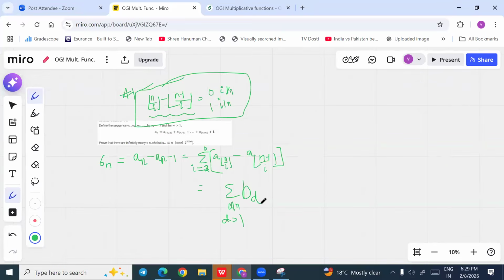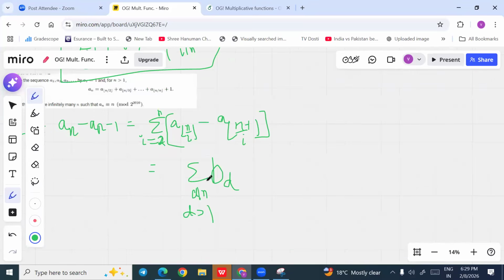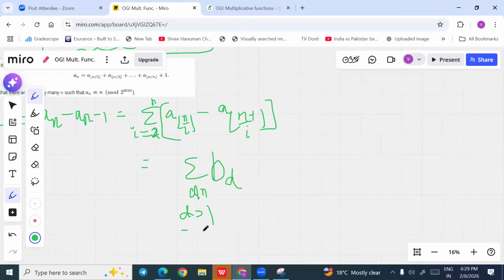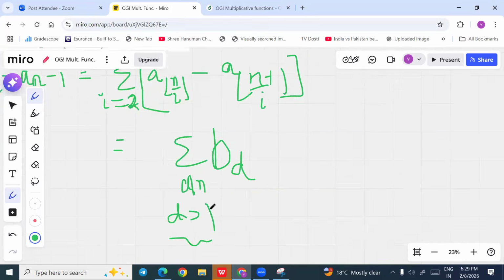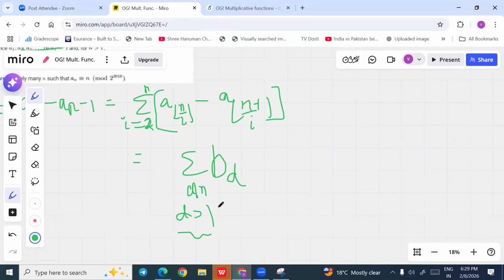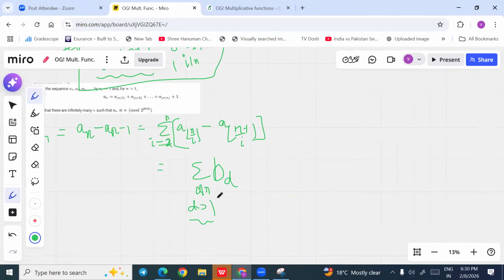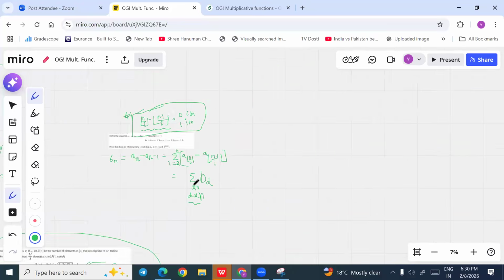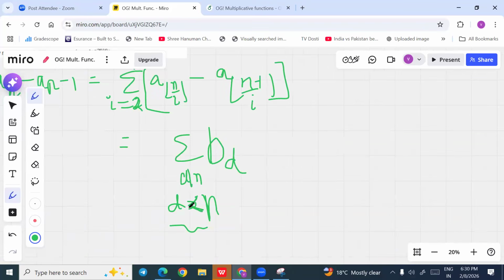So yeah, you have this. But the problem is that since you want to use some sort of Dirichlet convolution, you hate this d greater than 1. This is very annoying. So you will, no, it's actually d less than n. My bad. What am I doing? Yeah, this is d less than n here.